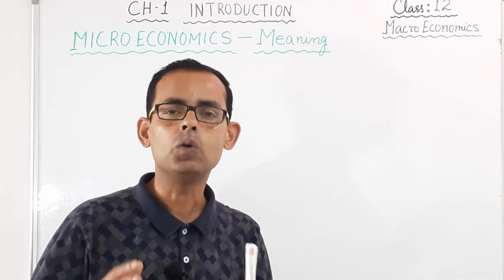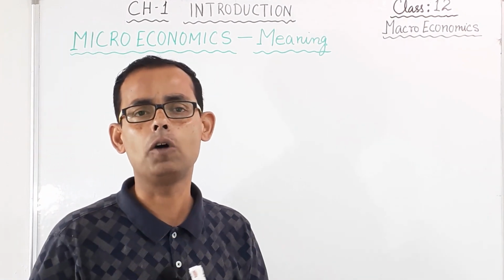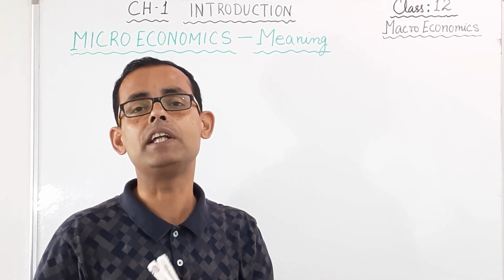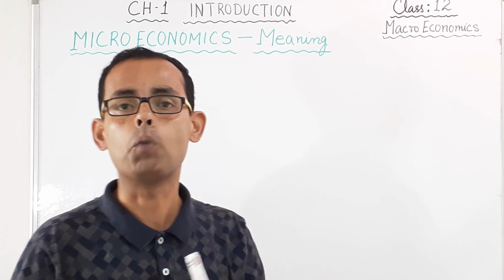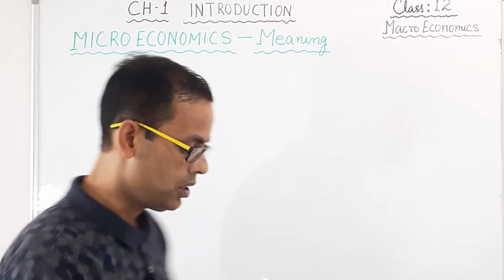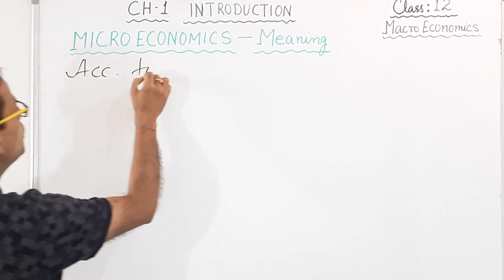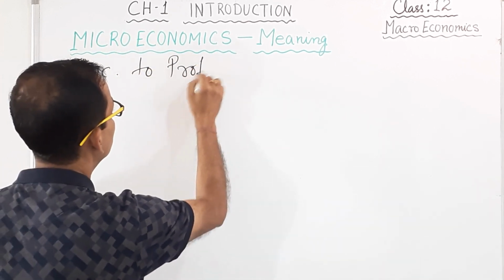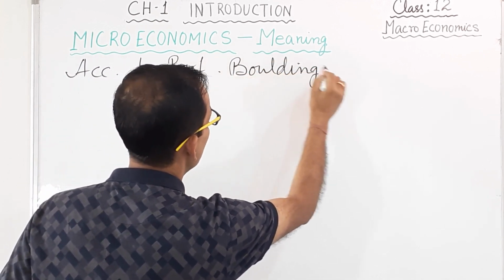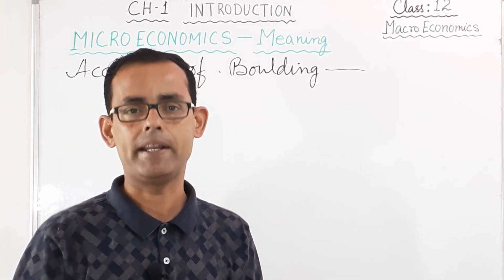Clear? Now, when we are talking about the definition of microeconomics, it is worthy to say the definition given by Professor Boulding. According to Professor Boulding, what is the meaning of microeconomics?